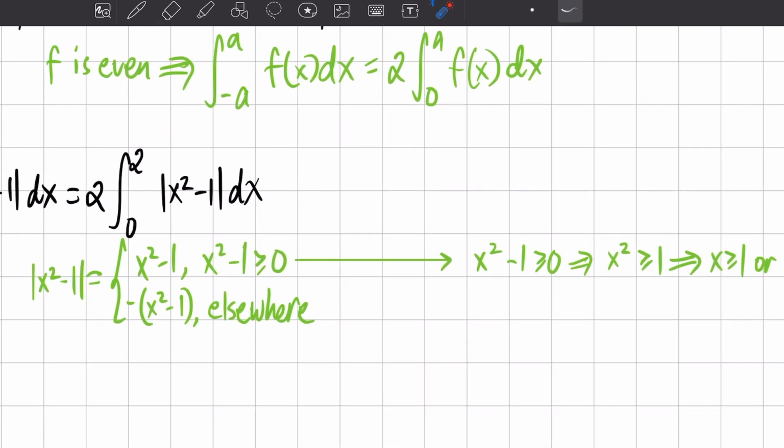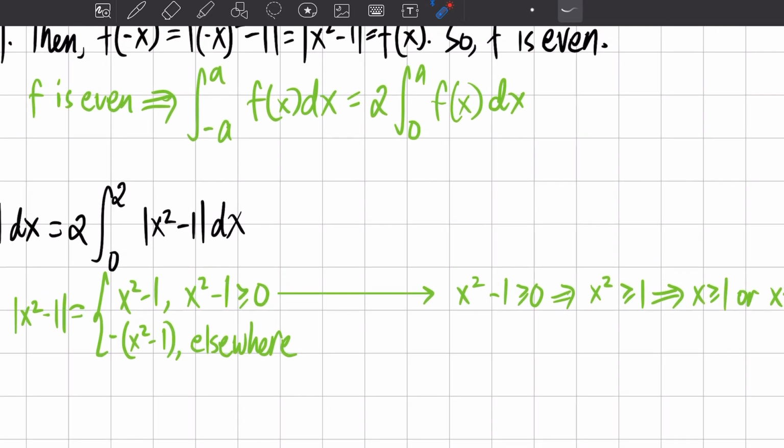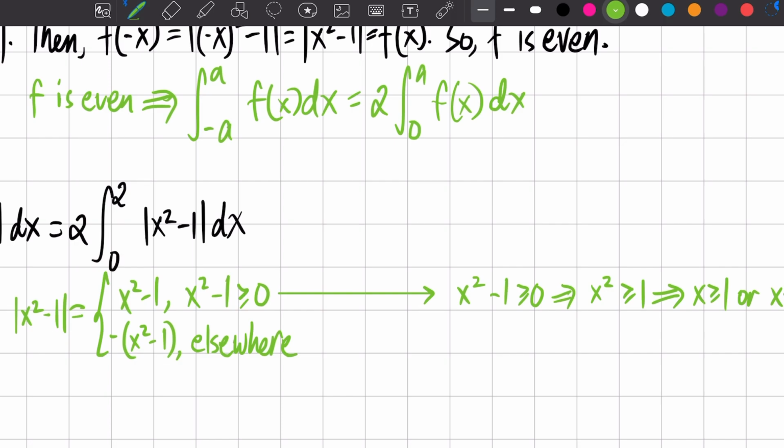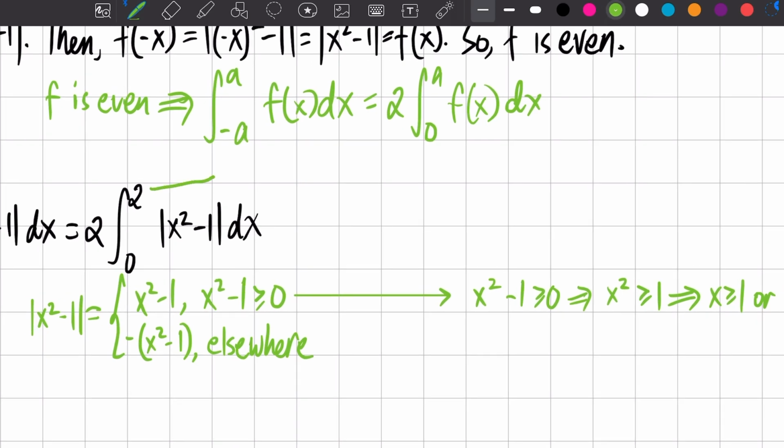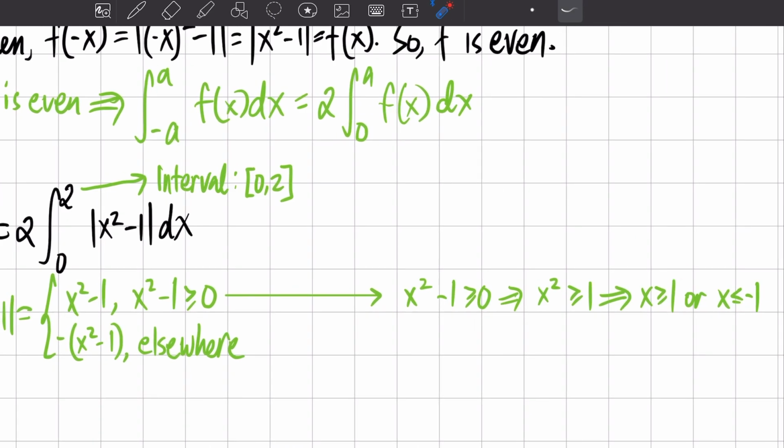Let's see what we have right here. Our bounds is from 0 to 2. So our interval right here is the closed interval 0, 2. We will use the positive one if x is greater than or equal to 1.